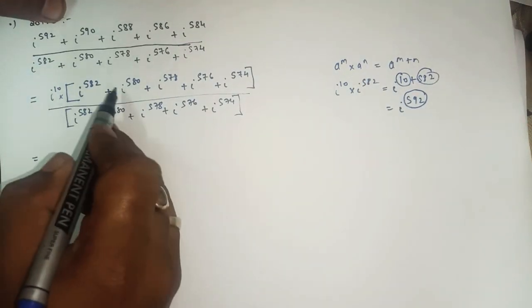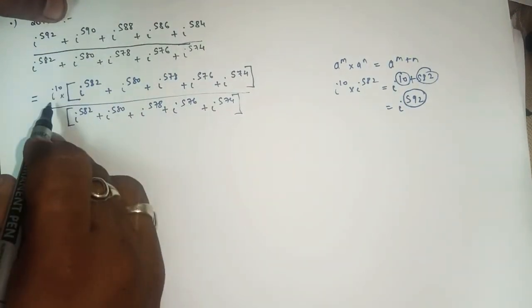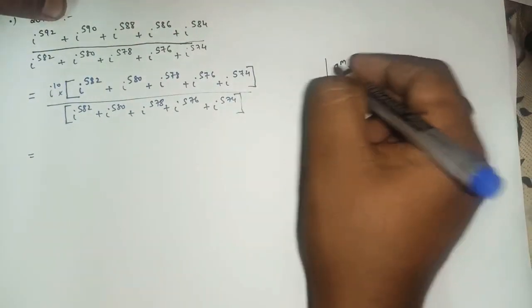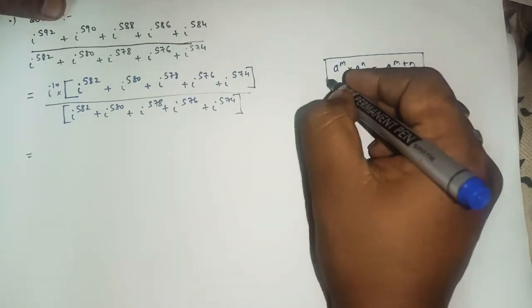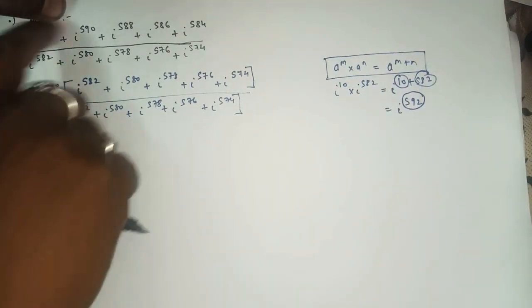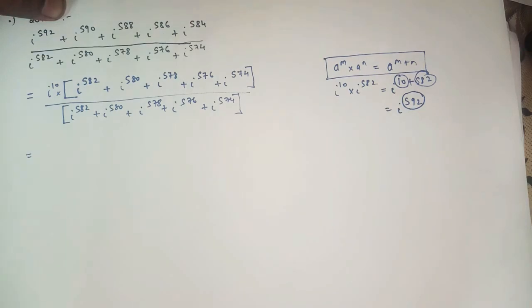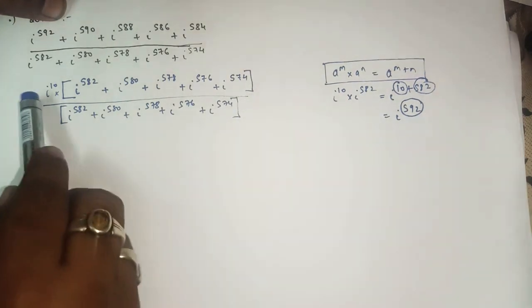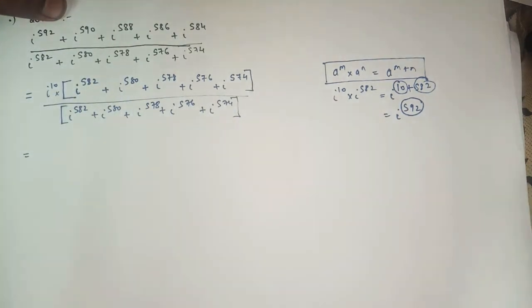When you multiply these two sections you will get 590, and when you multiply these two sections you will get 588. How? By using this formula, a raised to m into a raised to n. Open the bracket and check, you will get the previous step. I hope you all understood till here. What I did, I saw the difference in the corresponding elements, so I decided to remove i raised to 10 from the numerator.